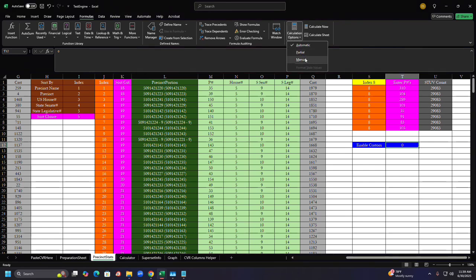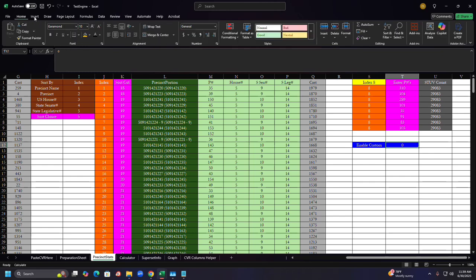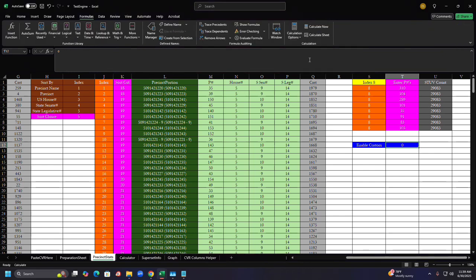Make sure you're in manual calculation when you do this. So that's Formulas, Calculation, Manual. You put your new set of precincts, and you change enable custom from 0 to 1.